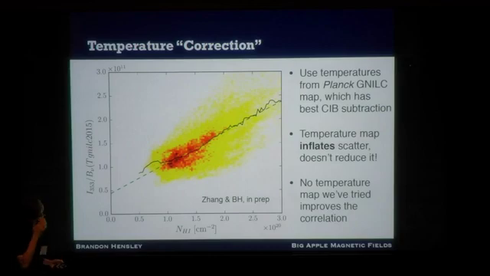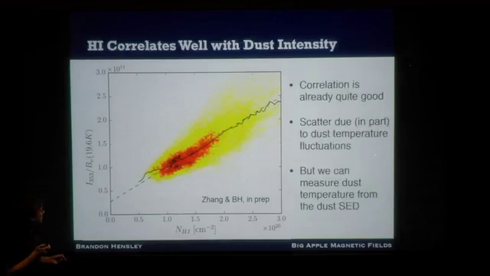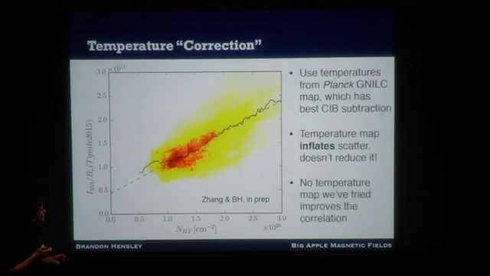But what I found is that plugging in the Planck dust temperature map, my scatter actually got bigger. Which is not very encouraging in thinking of whether these dust temperatures that have been estimated from the Planck data are actually physical dust temperatures. So I actually used a number of different dust temperature maps that have been produced, and none of them are able to reduce the scatter that we see here, this intensity per hydrogen.